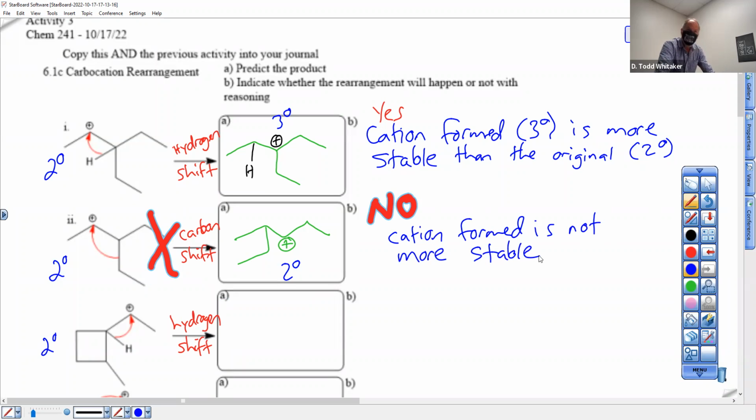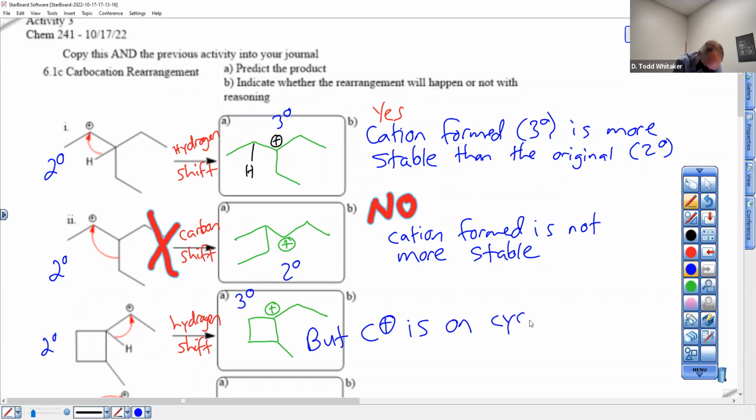Next one looks promising, but I'm going to have to remind you about stuff that we didn't cover as much as we normally do in previous semesters. Okay, C+ is on cyclobutane.